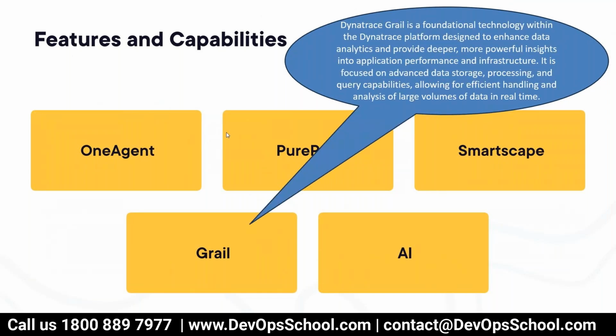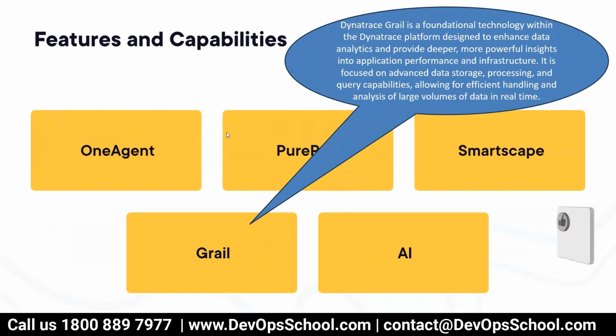Grail is one of the features Dynatrace has, which helps you manage data analytics and provides deeper, more powerful insight into application performance and infrastructure. Basically, you can say Grail is a component which is powered by AI and ML and so on.